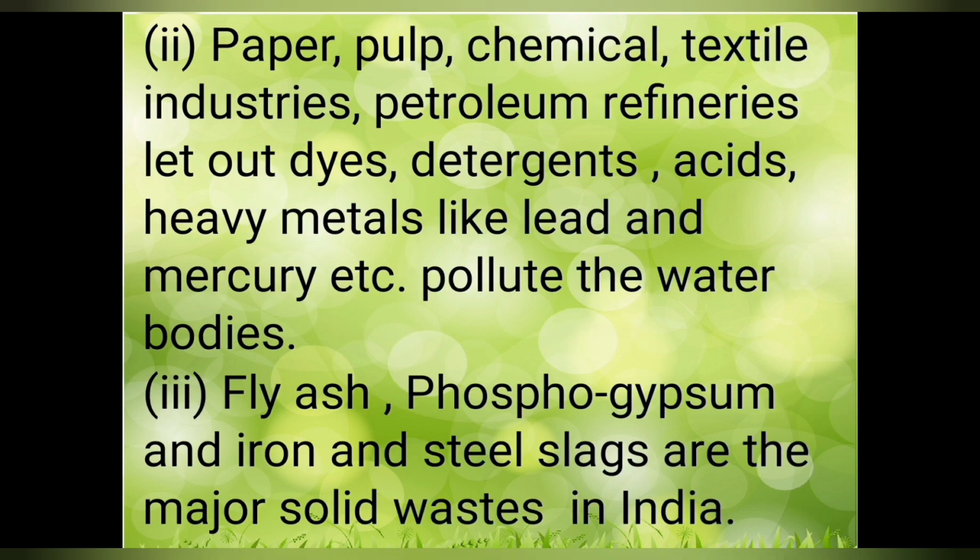Next, paper, pulp, chemical and textile industries and petroleum refineries let out dyes, detergents, acids, and heavy metals like lead, mercury, etc., which also pollute the water bodies. Fly ash, phosphogypsum and iron and steel slags are the major solid waste in India, which also cause soil pollution or land pollution.